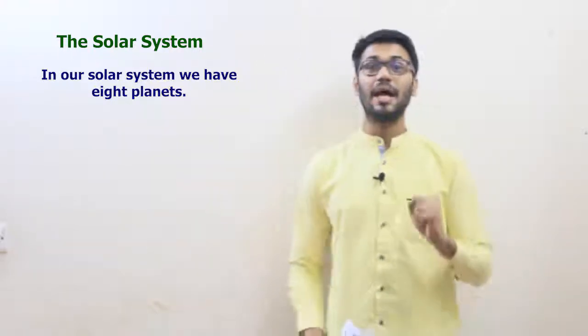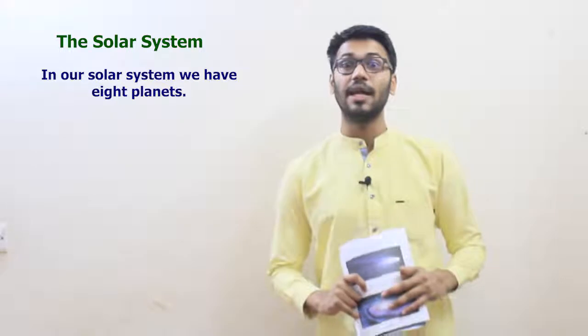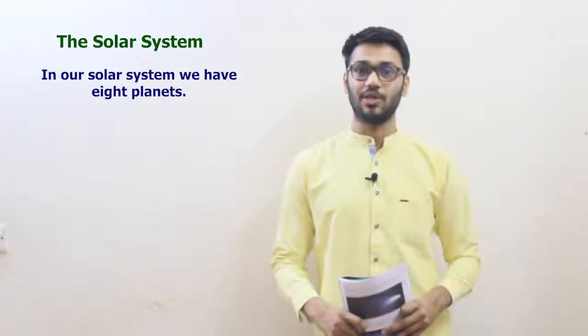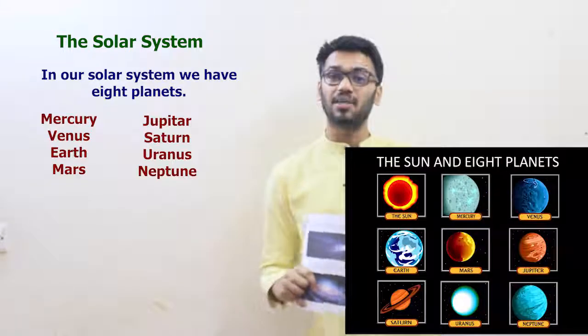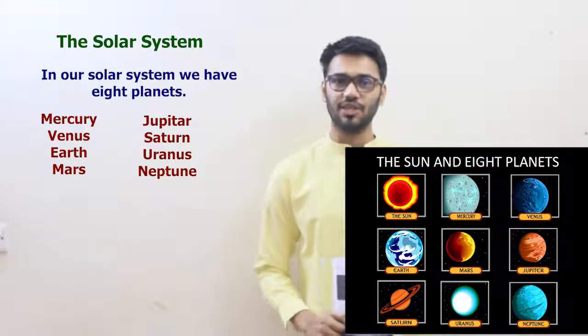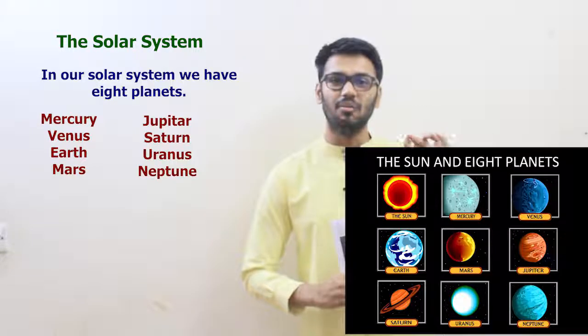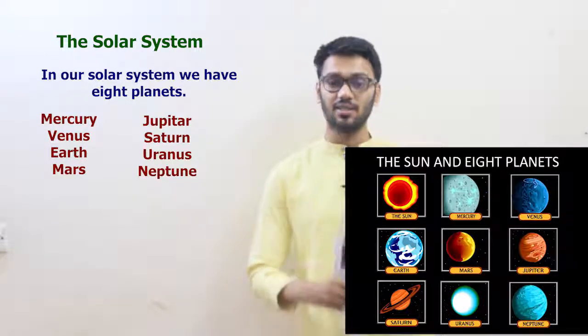Now in our solar system we have 8 planets. How many planets do we have? 8 planets. Now we have the names of those 8 planets.